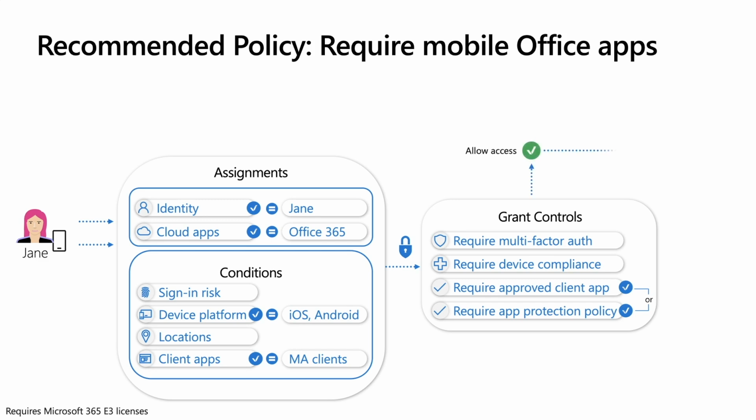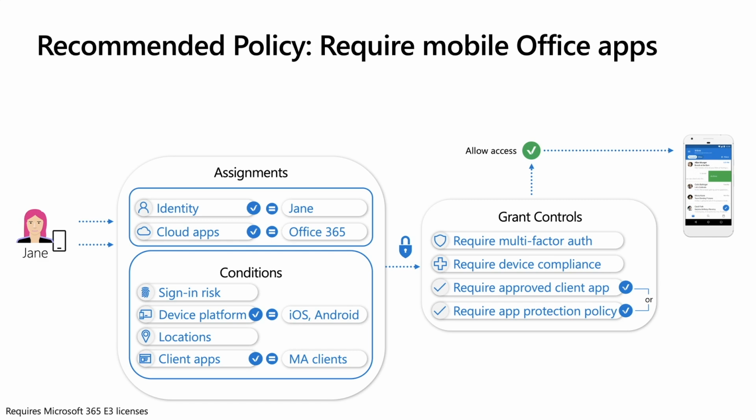So in the case of Outlook for iOS and Android, it will enforce the use of the require app protection policy grant access control, meaning that in order for Jane to be able to access her email in Outlook Mobile, an app protection policy must be successfully delivered before she can obtain an access token against Exchange Online.